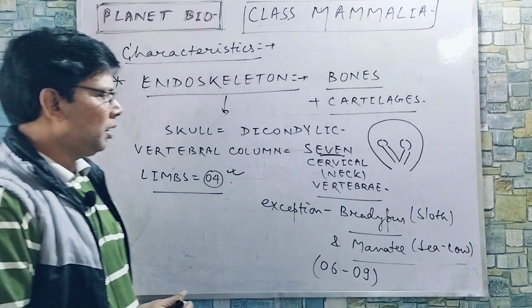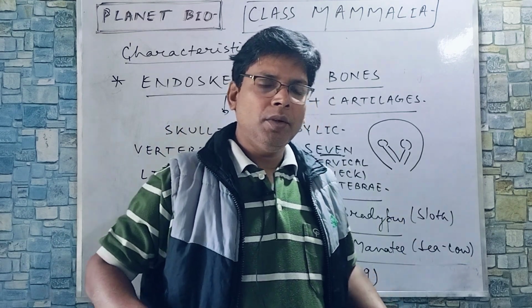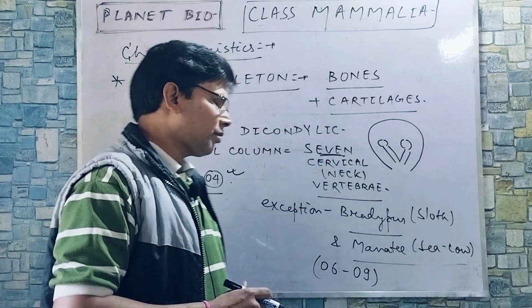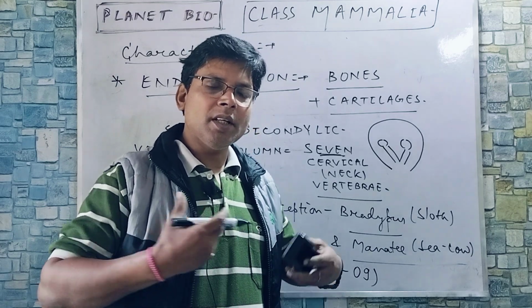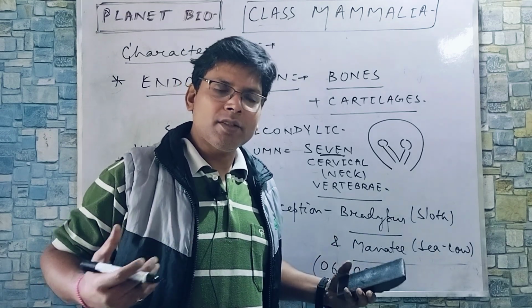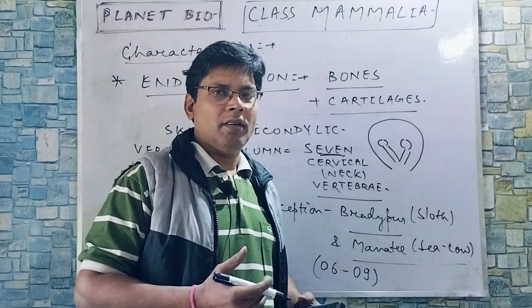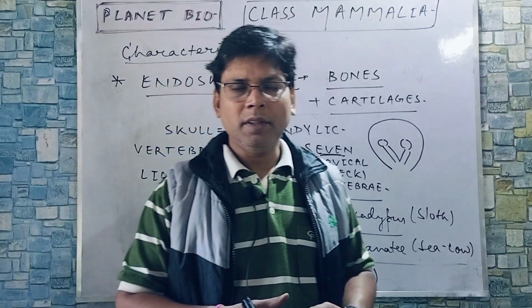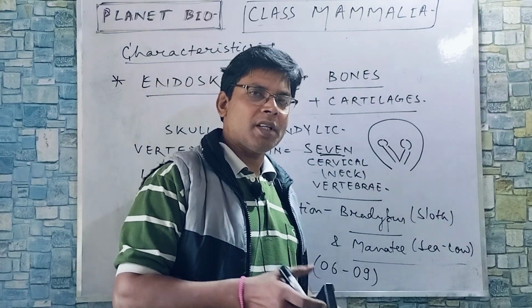Okay. Girdles, you can see pectoral girdle, pelvic girdle. Then you can see a sternum. Sternum is a flat bone here. Then you can see ribs, rib cage also, right? So axial and appendicular endoskeleton both may be present, with some modifications.